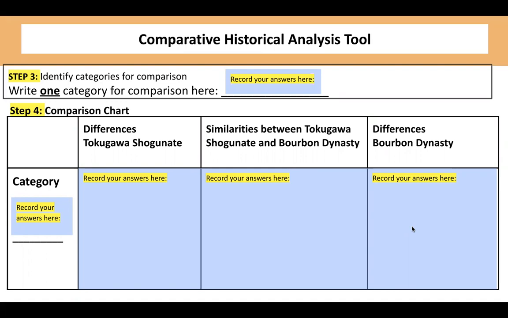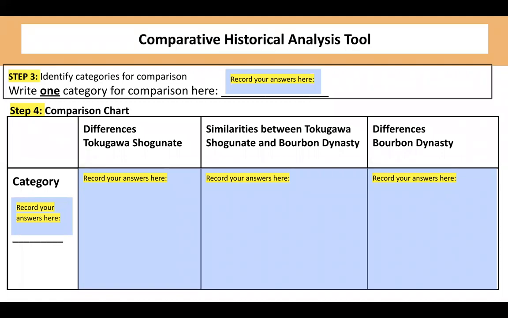You could also do step 4 if your students are more visually inclined. You could make that a Venn diagram and have them do, well, this is how the Tokugawa shogunate looked for this category. This is what they share in between. And then this is what the Bourbon dynasty looks like. So you could really manipulate this and make it work for your students.